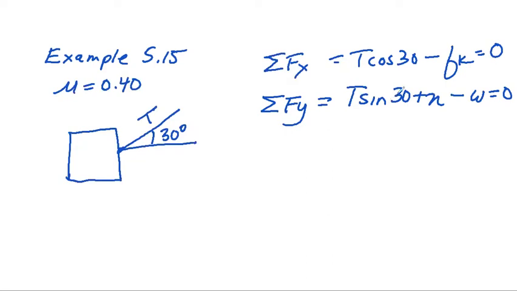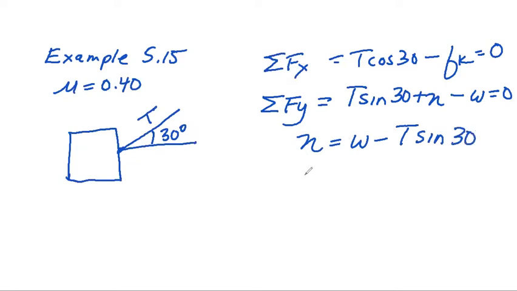It's going to lighten the load, if you will. If you have experience pulling a wagon and you tilt the handle up, it's easier to pull it than if you pull it straight. So I'm interested in my normal force. My normal force is going to equal the weight minus T sine 30.